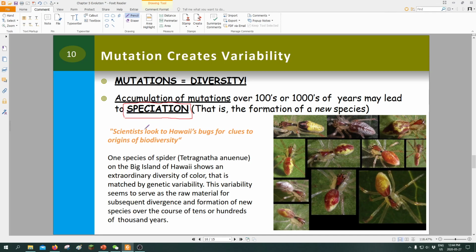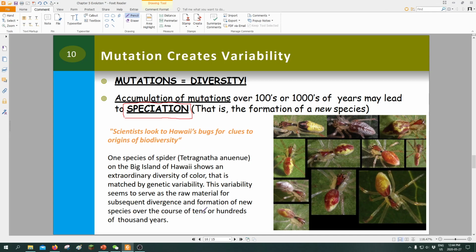All those different mutations combined together give you a lot of different combinations of characteristics, like all these different spiders that have different colors, different patterns on their abdomen, different sizes, etc. Once you have enough of those mutations, you can possibly get the formation of a new species.